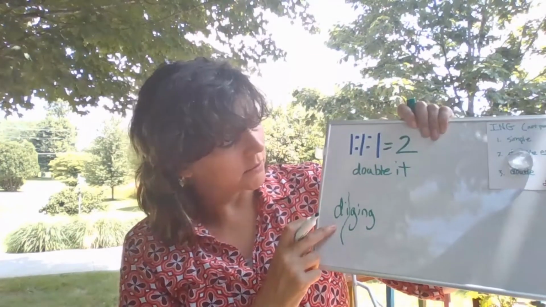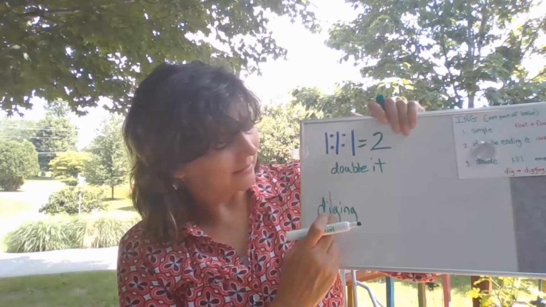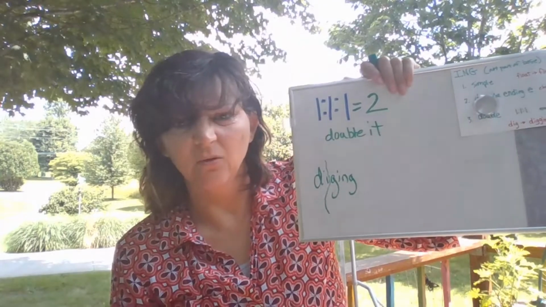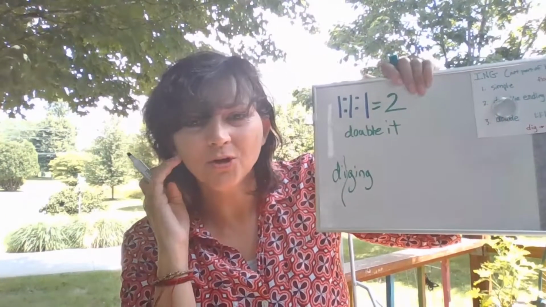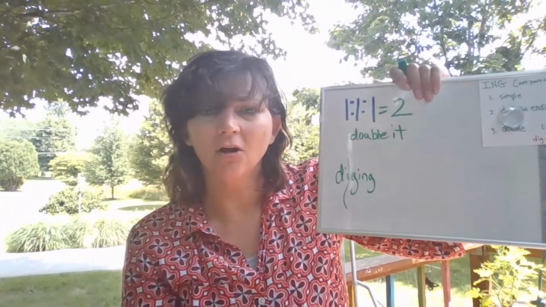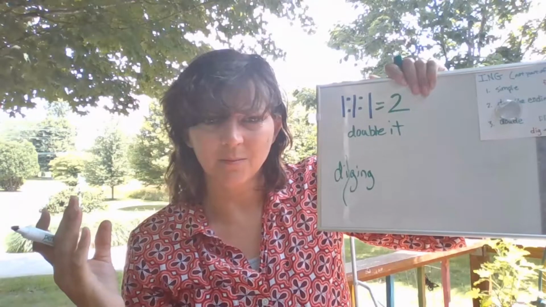And so now your word is di-ging. You might still say ging, or you might say gang, di-gang. When you hear that, it doesn't sound at all like you would expect it to sound, because you hear dig, digging.